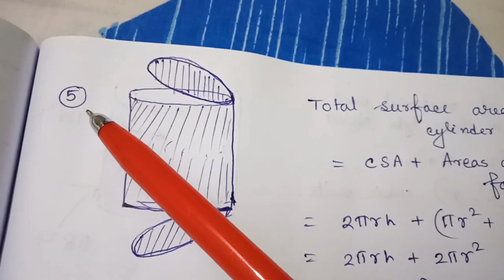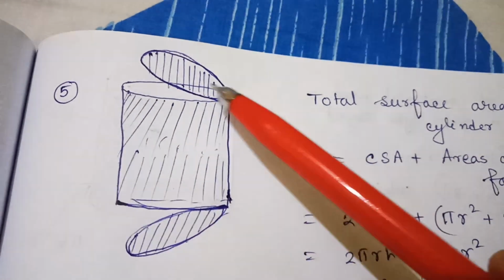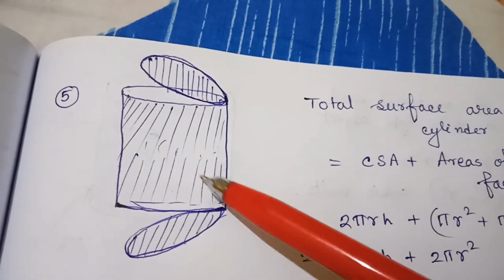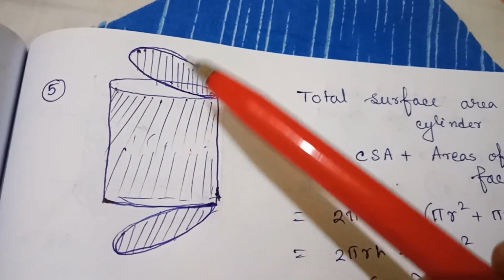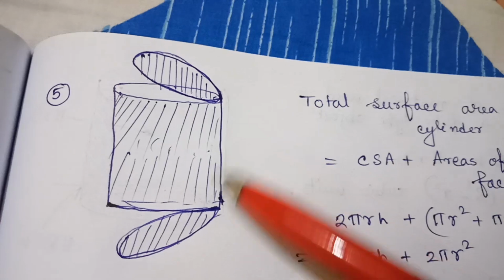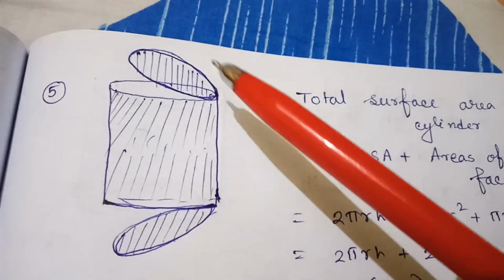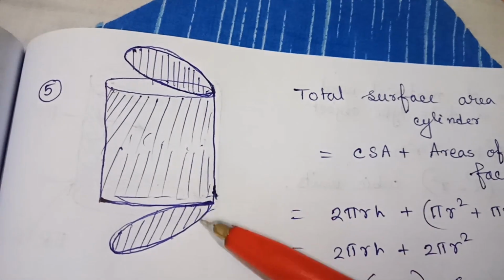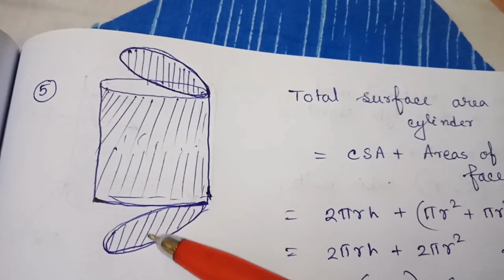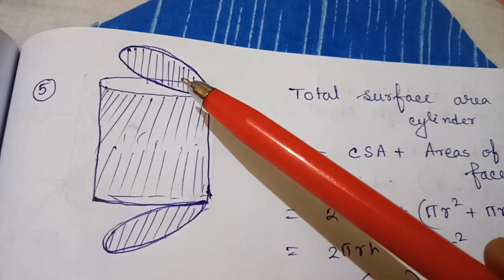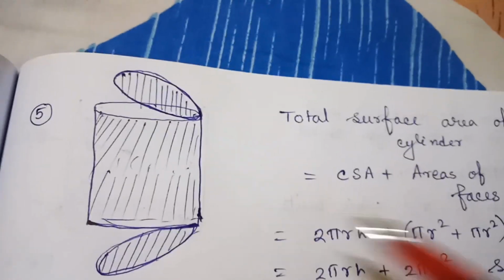Look at figure number 5, this one. There is a cylinder-like structure and there are two lids. One is the top lid and another is the bottom lid. Obviously these two lids are circular plates.